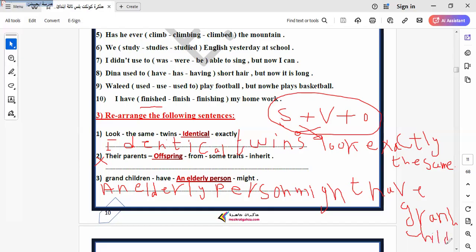Might have grandchildren. Let's go to another one here.